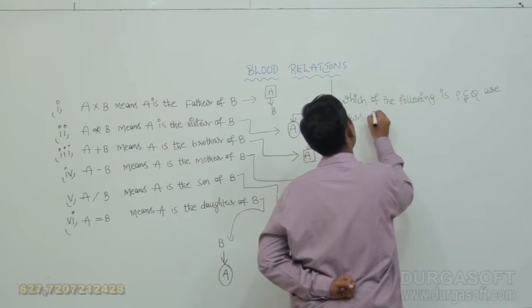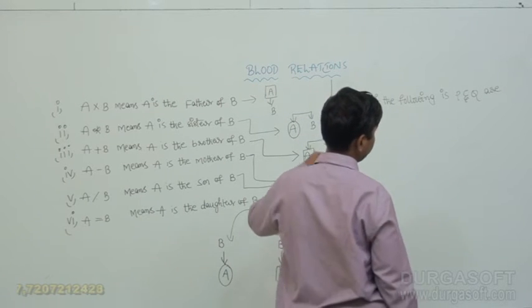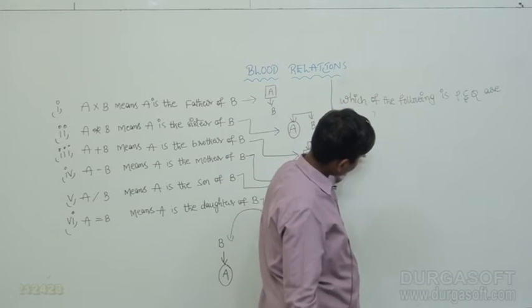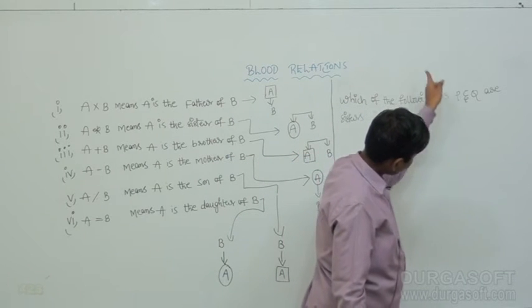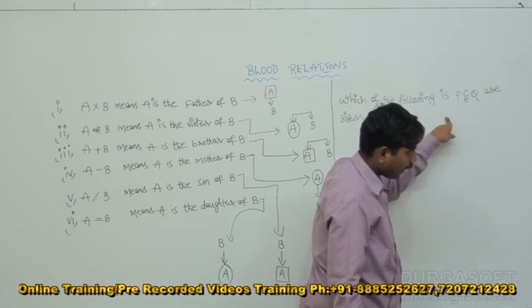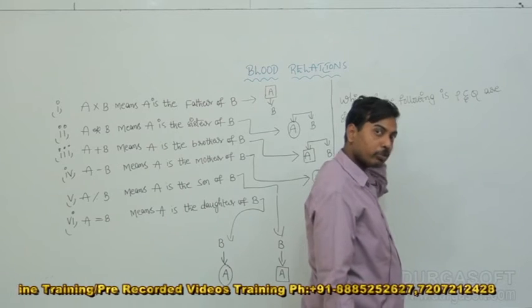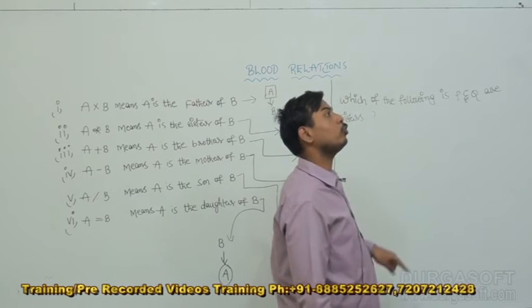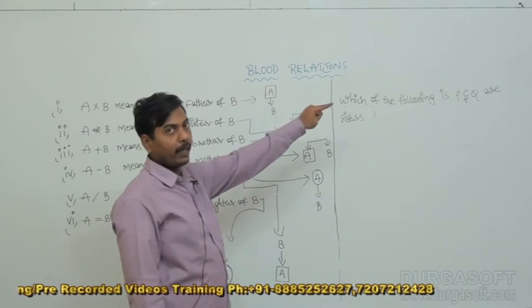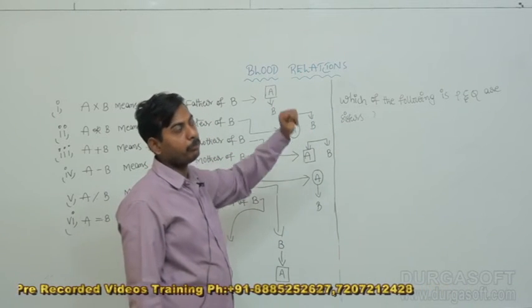Let me check once again. P and Q are sisters means P is the sister of Q and Q is also the sister of P. So that means P and Q are females only, and moreover P and Q are in the same generation.